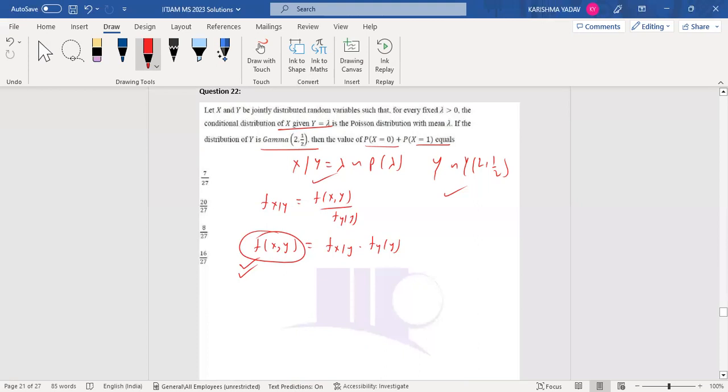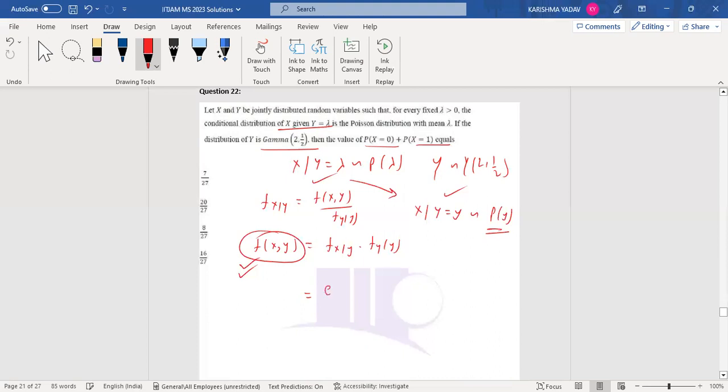Now look at this, I can write it like this: x given y equals y, following Poisson with y. This will be easy in the calculation part because you will not get confused. Let's see it. So my f of x comma y is equal to x given y, which follows Poisson with y.